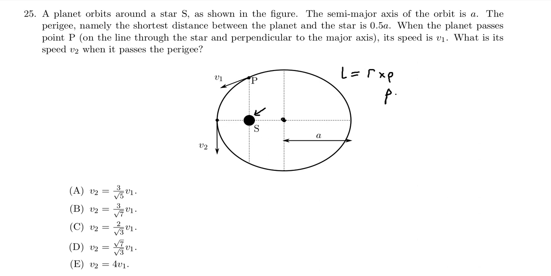Momentum is just the mass times velocity. Since we're just dealing with a planet of some random mass m, it's not going to matter, so we can ignore the m in our calculations, or say m is equal to 1. Likewise, since none of these answers depend on a, I'm just going to assume a is equal to 1 to simplify things.